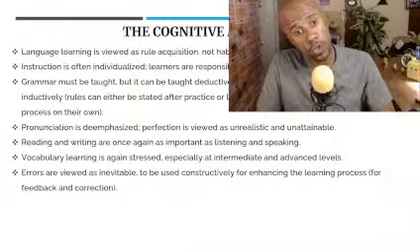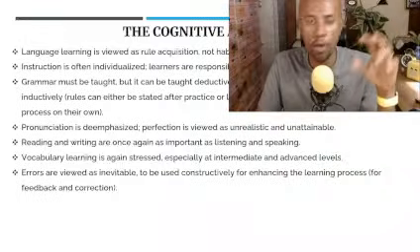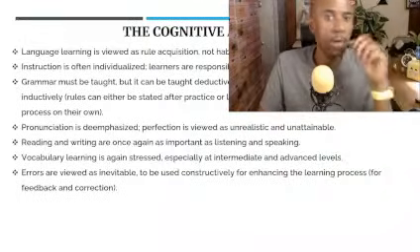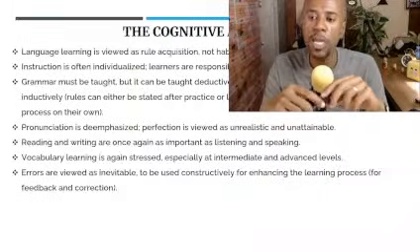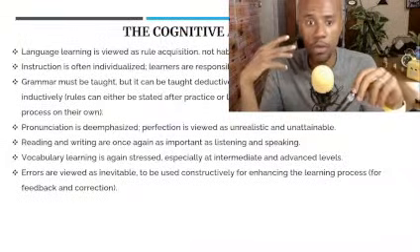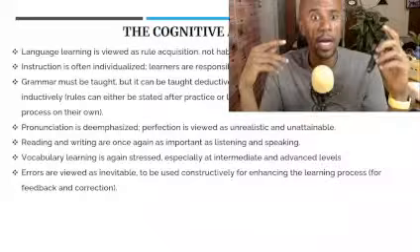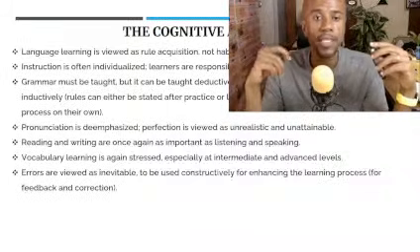Something that we are going to talk about in subsequent lectures is the difference between error and mistake. Now, this distinction you probably know about. Errors are related to something that you don't know. Mistakes are slips.